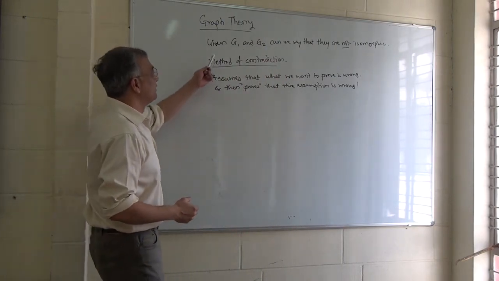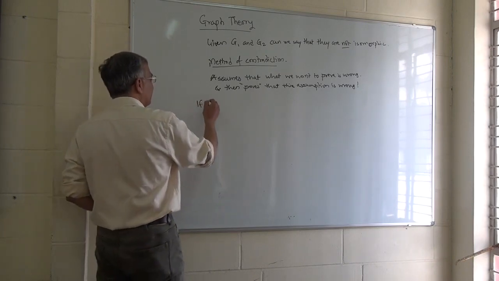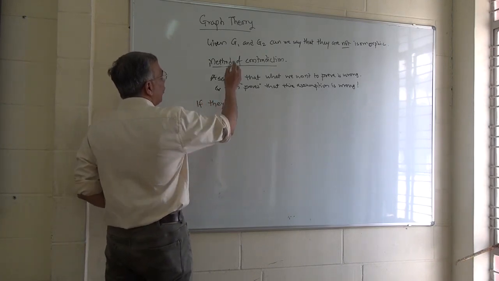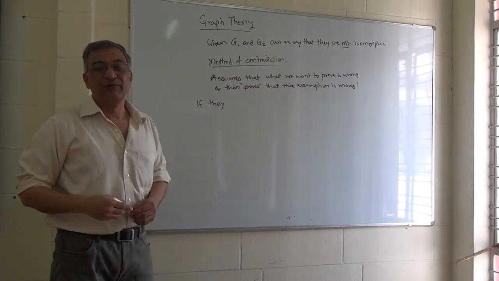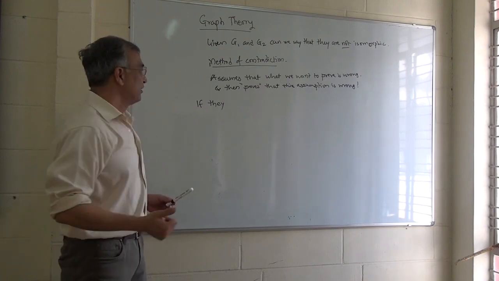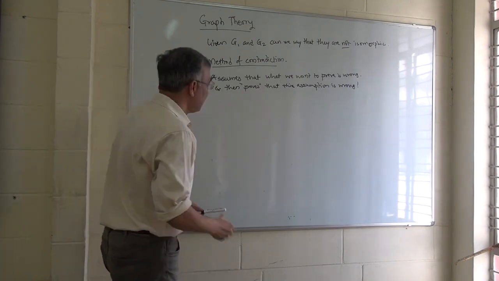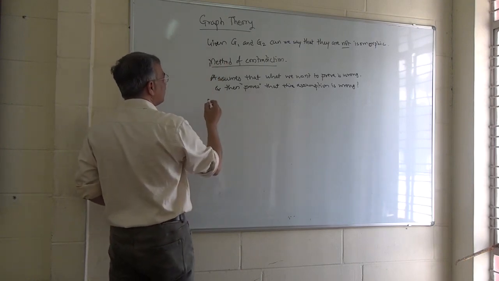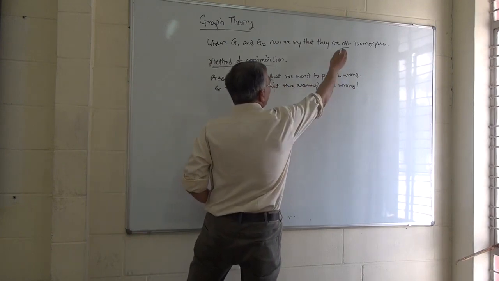So here, we want to prove something is not isomorphic. How will we use the method of contradiction for that? We assume what we want to prove is wrong.